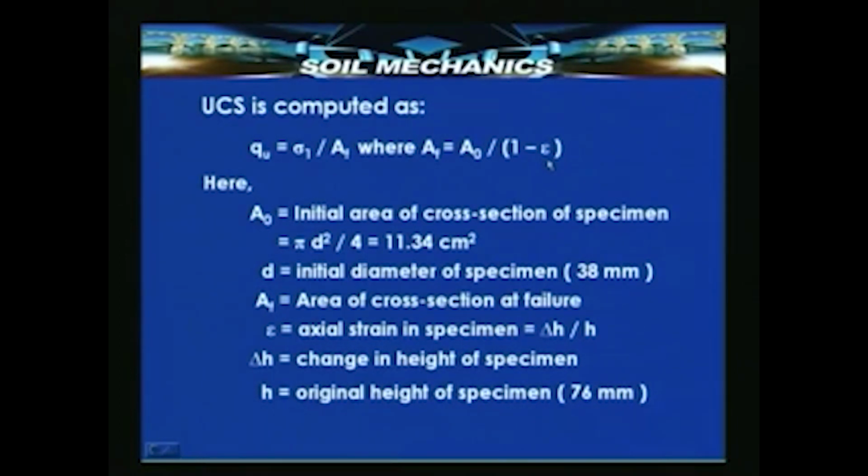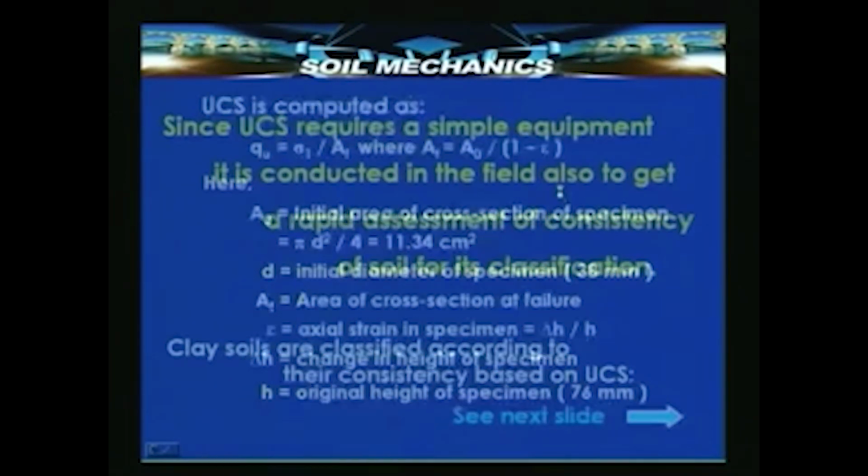So, if you take that into account and calculate the modified area of cross section of the specimen, you will get AF. From this you can always find out the final stress that acts on the specimen, which is what is required in order to plot the Mohr circle.